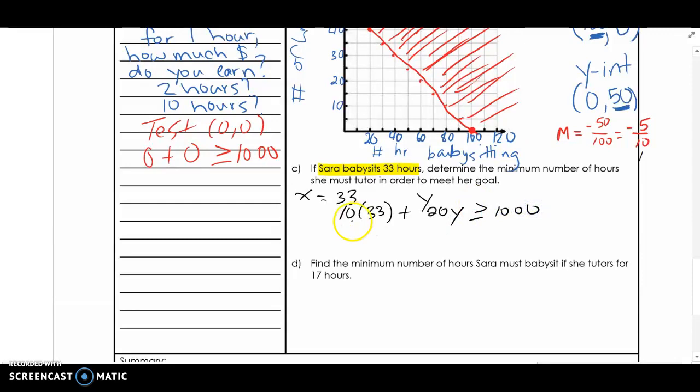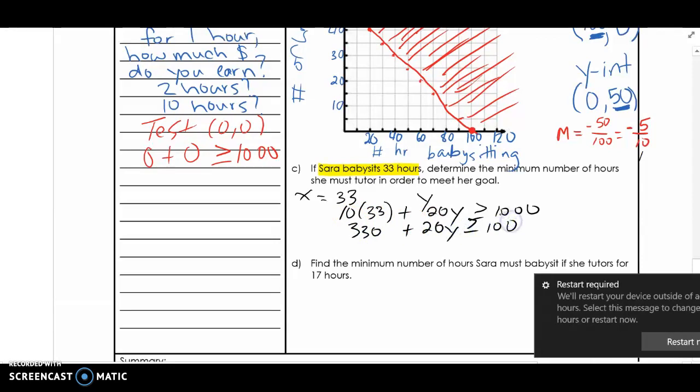Solve. 330 plus 20y greater than or equal to 1,000. Subtract 330 from both sides. 20y is greater than or equal to 670.